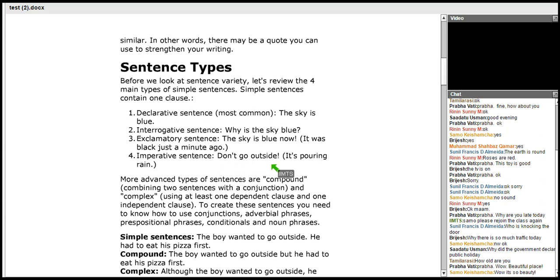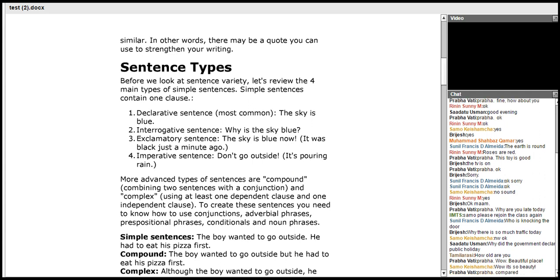Now, imperative sentence. Don't go outside. Okay? It's pouring outside. What is an imperative sentence? What is the speciality of an imperative sentence? See, it gives a direct command.